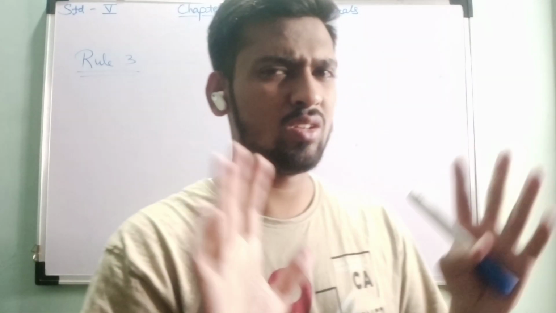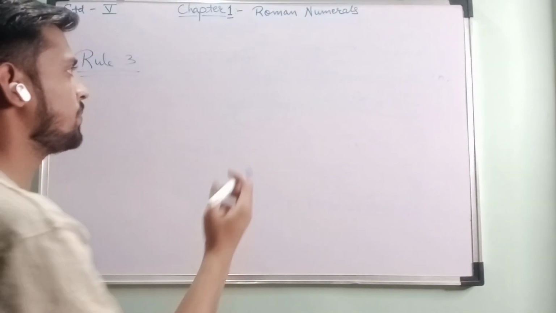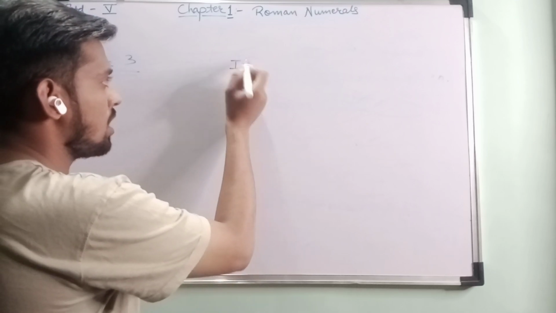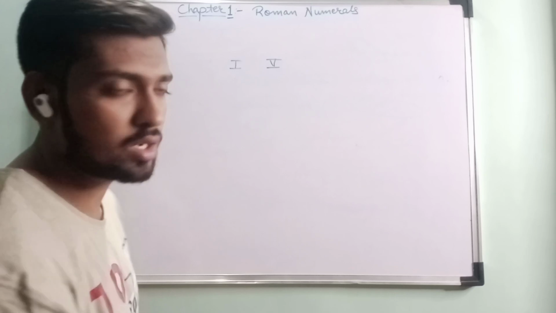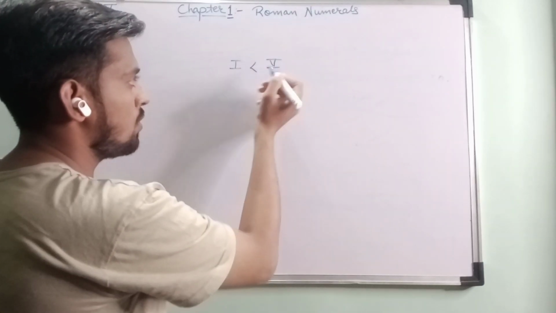Next, rule number 3. Rule number 3 can be stated as: if a smaller number is written on the right side of a bigger number, then the value of the smaller number should be added to the bigger number. You are not understanding? Let's take an example. If this is I and this is V, which is greater? Obviously V is greater.